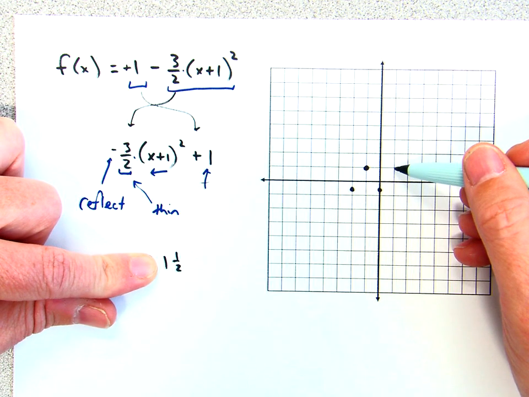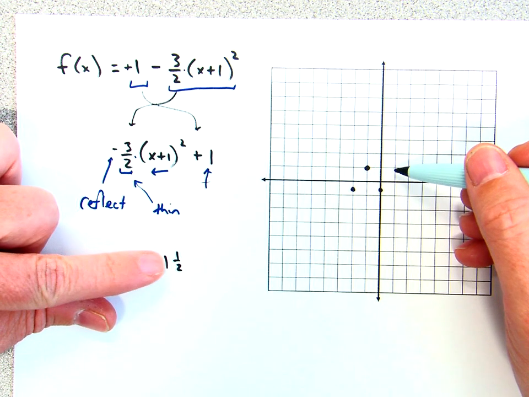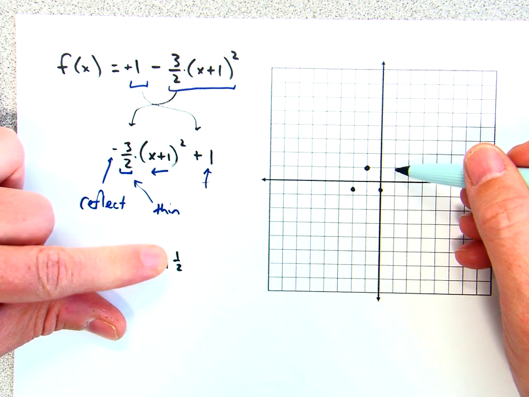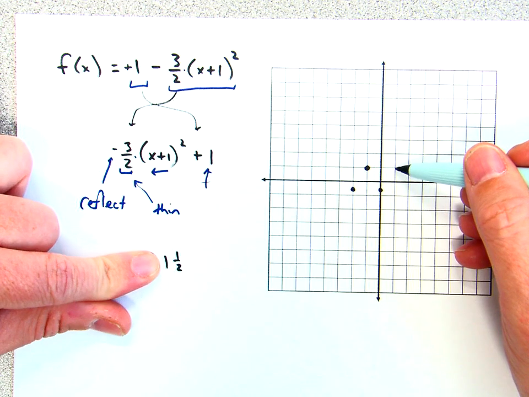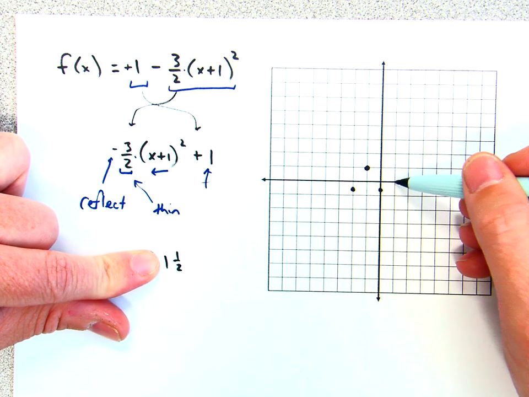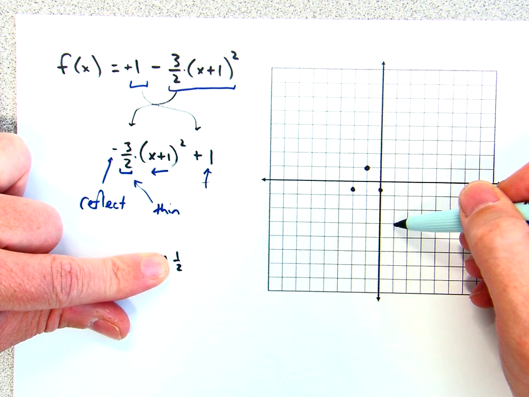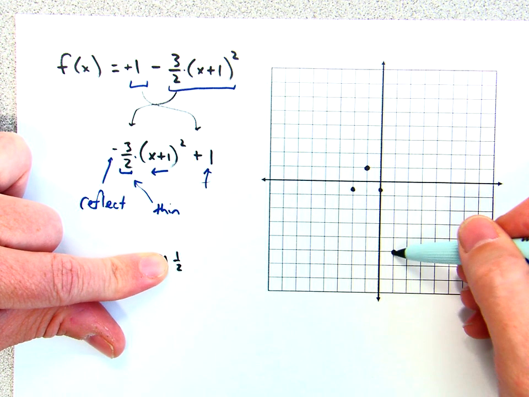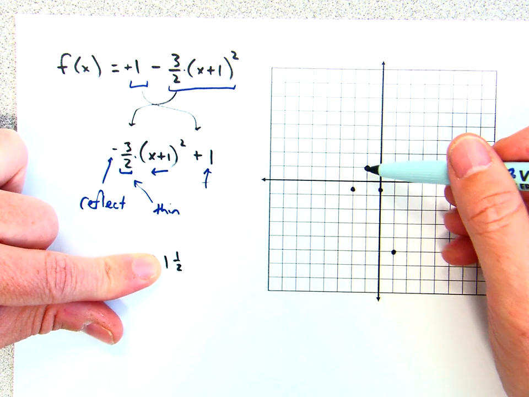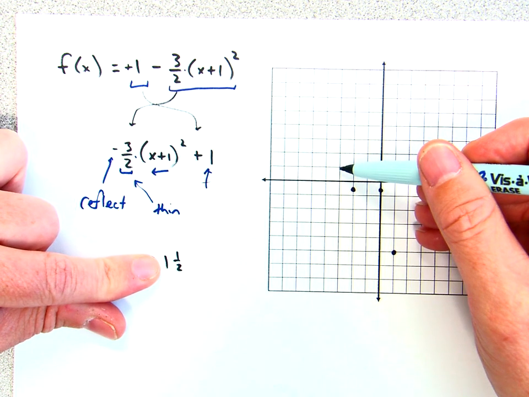Normally if I go out 2, I'd be going down 4, because 2 squared is 4, but I want 1.5 of those. So 1 unit of 4 would be down 4, 1, 2, 3, 4, but I also want an extra half of 4, which is 2. 1, 2. So again, I can say 1.5 fours.